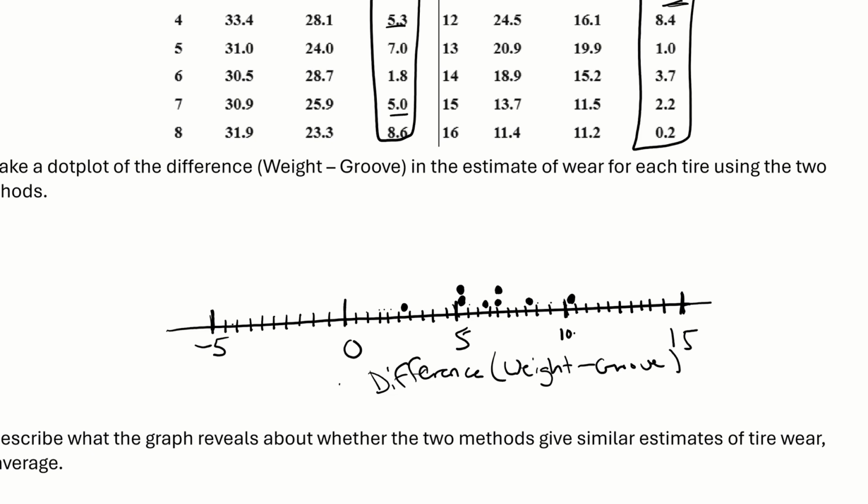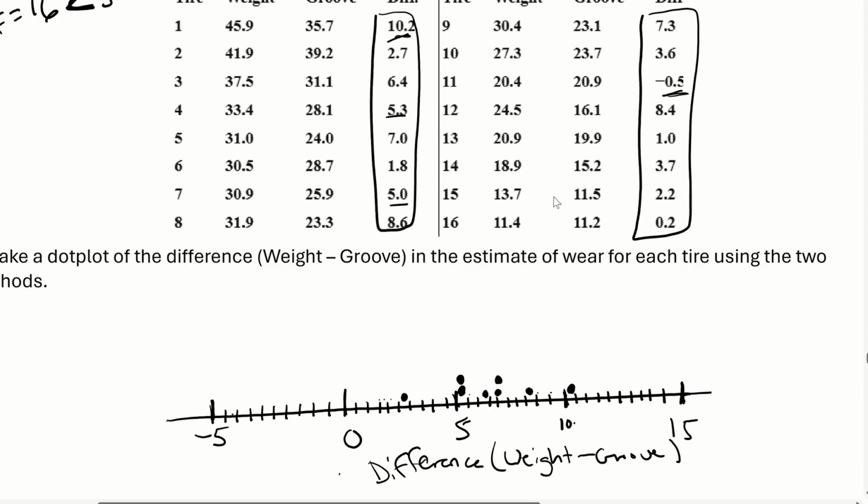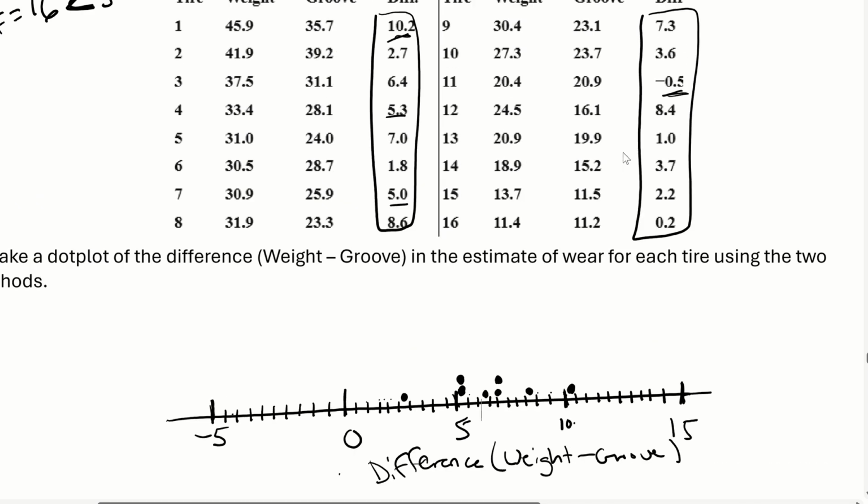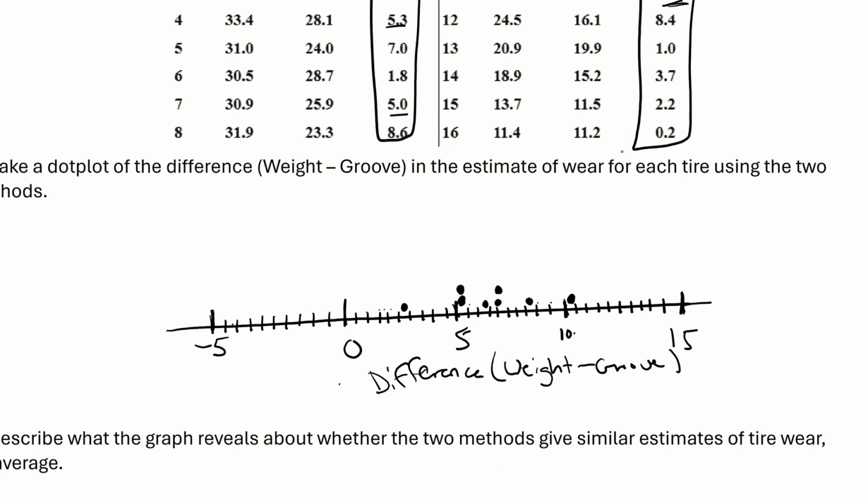Okay, so I got another stack right there. That's a subtle difference there. Then we got 3.6. So 3.6, 1, 2, 3. Then we got negative 0.5, which is here. Got 8.4.